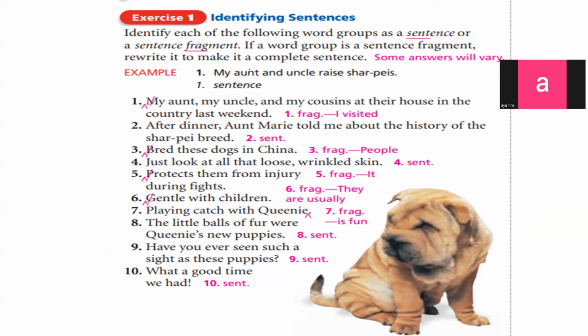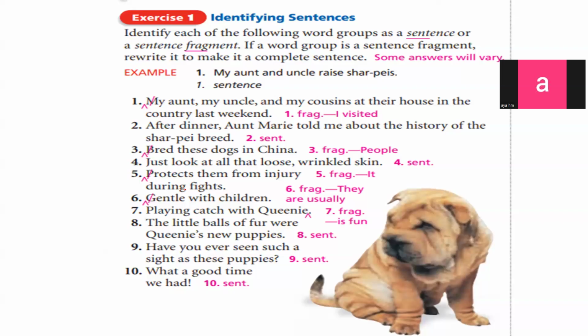Why? Because what happened there at the house in the country last week? So it's a fragment. We can also write it, for example, I visited my aunt, my uncle, and my cousins at their house in the country last weekend. So this is a complete one.